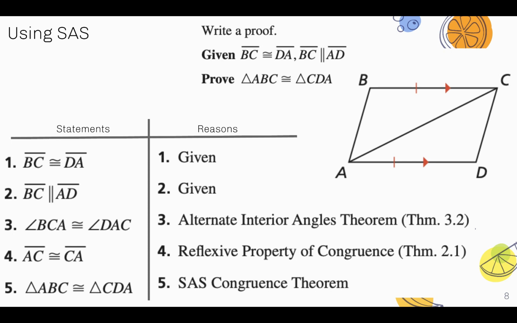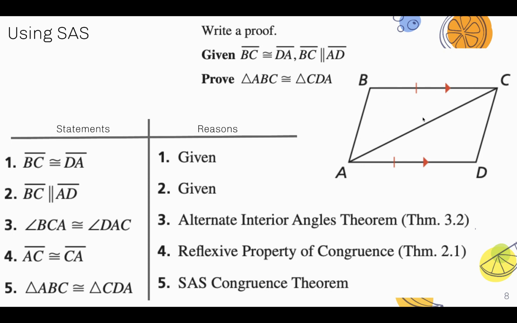Now I'm fine if you just write capital S, capital A, capital S. Every geometry teacher will accept that. You do not have to write out congruence theorem. And just be very careful in statement number 5 that you match the correct corresponding vertices and sides.